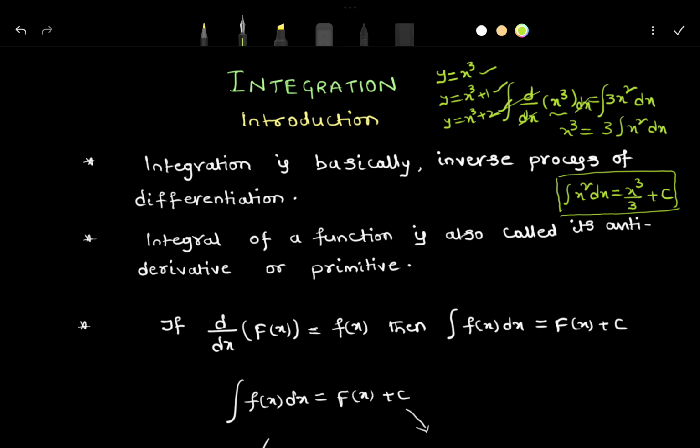So the integration of x square into dx will be equal to x cube by 3 plus c. I hope everyone is clear about the meaning of integration. Integration is the reverse process of differentiation.